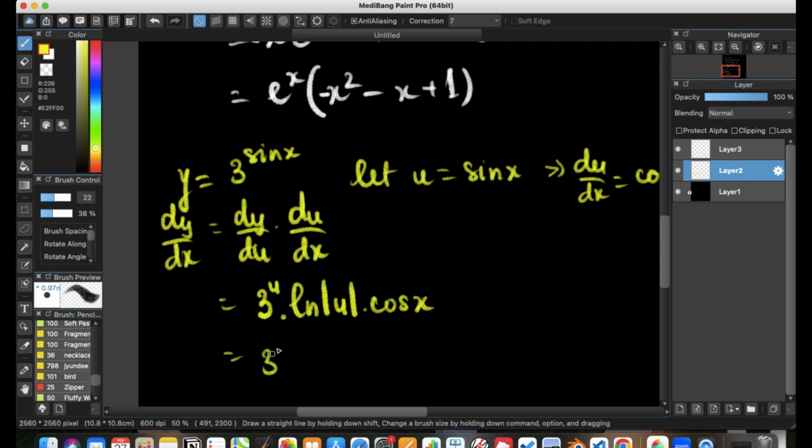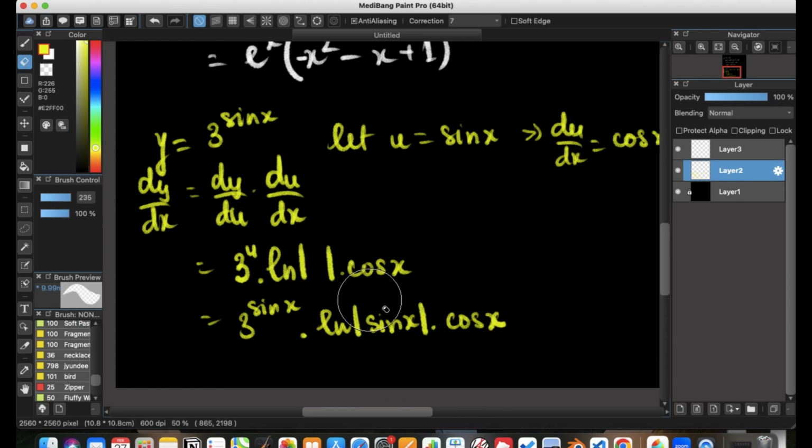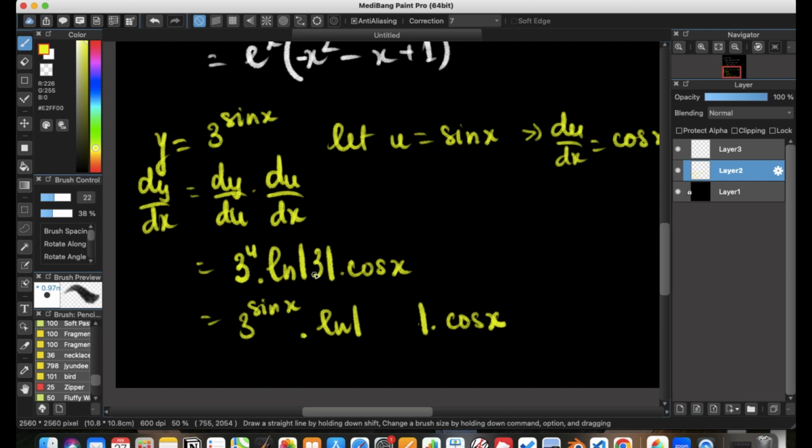And I'm going to rewrite it like this: put sine x in here, and this is cosine x. Oh, I'm sorry, my mistake. That's actually 3 in here, right?